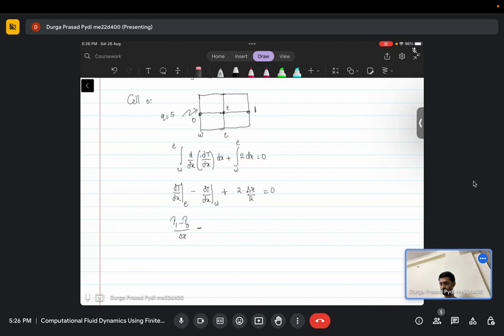So will it be plus 5 or minus 5? The flux is given as q equals 5 i cap, so this is my x direction.